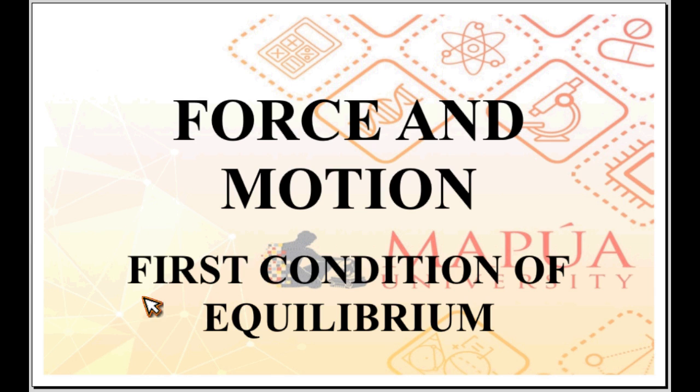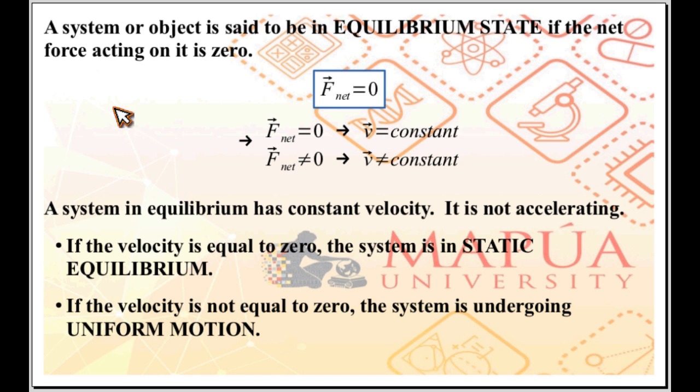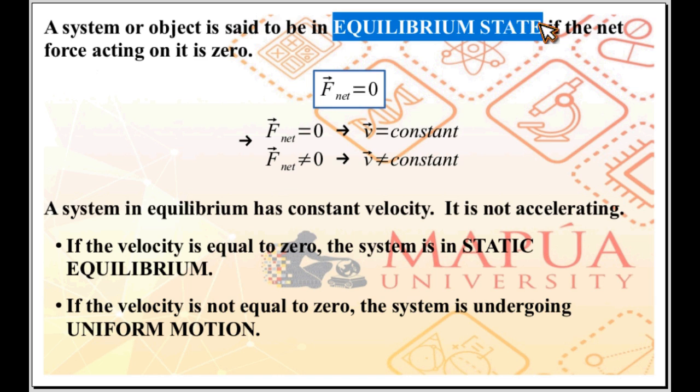Next up, we have the first condition of equilibrium. A system is said to be in equilibrium state if the net force acting on the system is equal to 0.